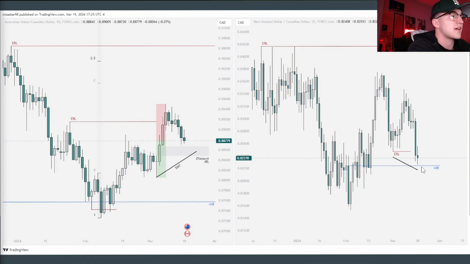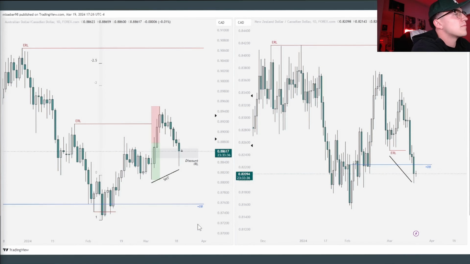So we could get maybe a Tuesday low of the week for us to continue and move from this internal range liquidity to this external range high here. That was my game plan and what I thought price was going to do going into the CPI data release on that Tuesday.